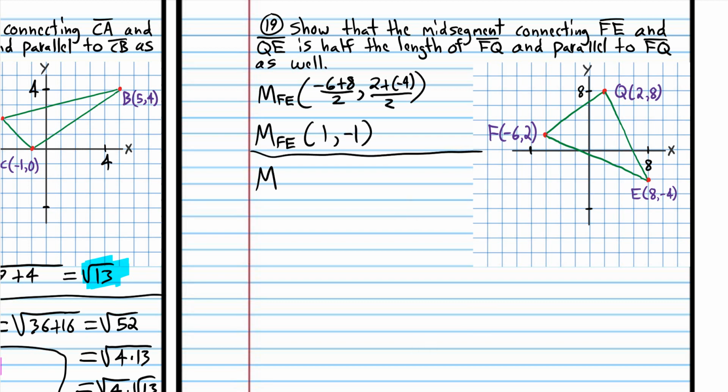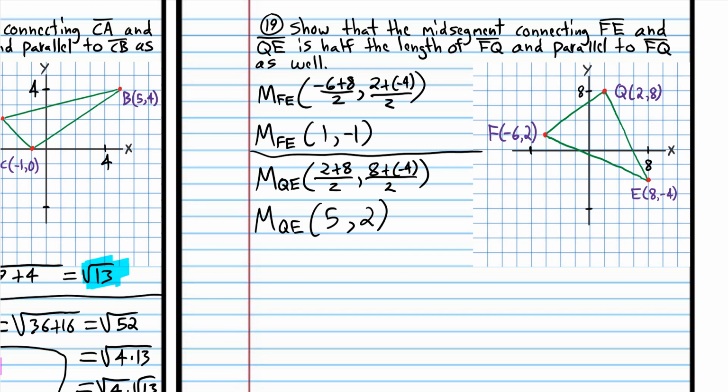Now we're going to find the midpoint of QE. And that is, there's the x value. And we have 5 and 2.